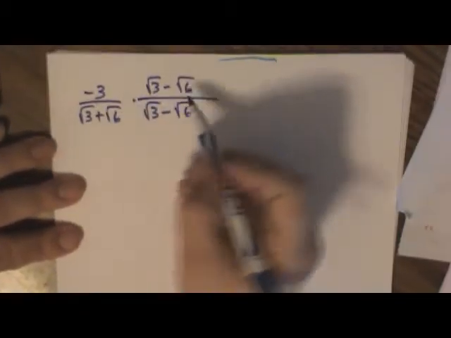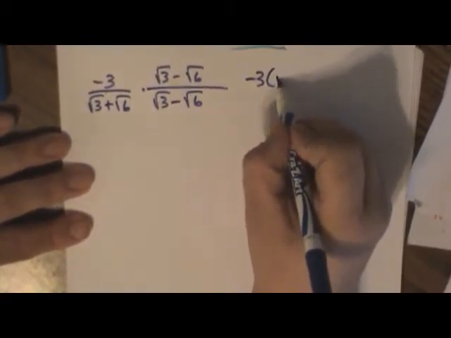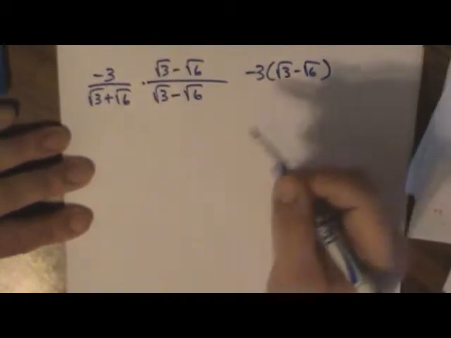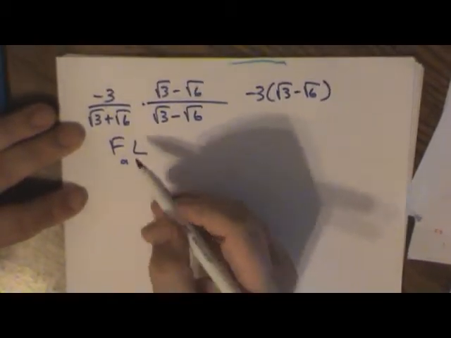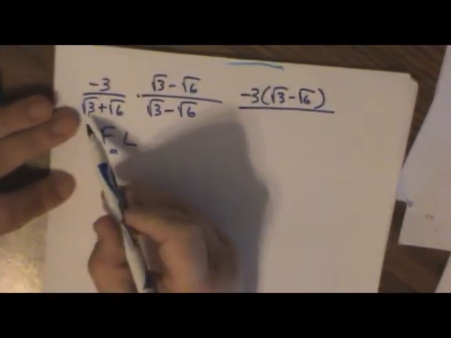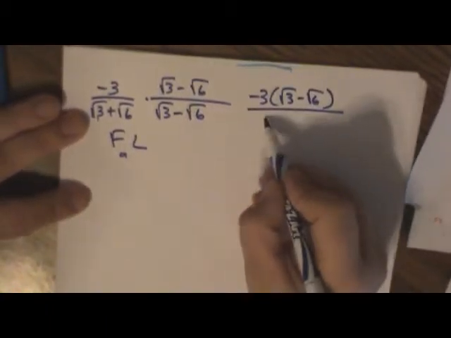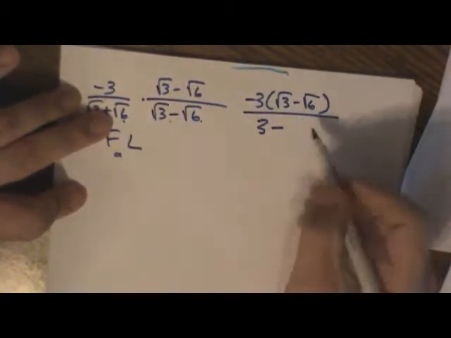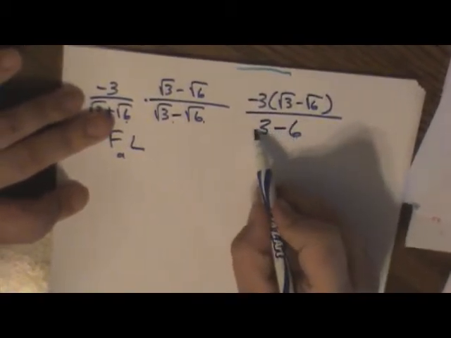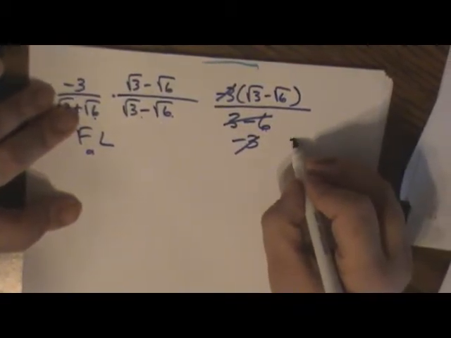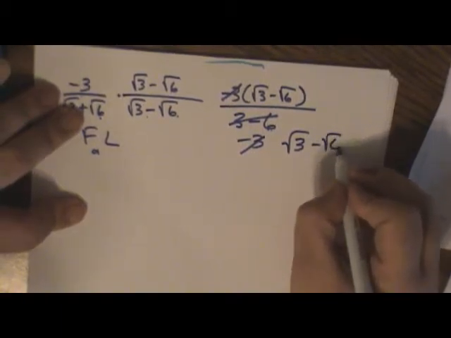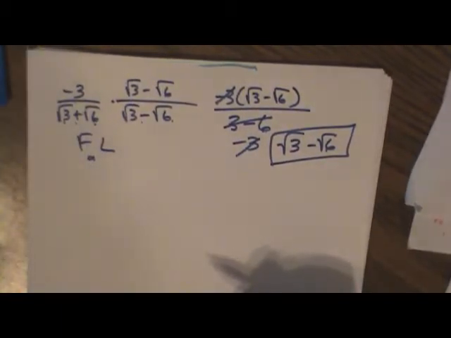So leave the top terms factored, and then we're going to do the full on the bottom. So the square root of 3 times the square root of 3 is 3. Then positive times negative is negative. And then the square root of 6 times the square root of 6 is 6. You simplify that, it gives you negative 3, and you'll find that those will cancel. It leaves you with the square root of 6, and that would be the answer on that one.